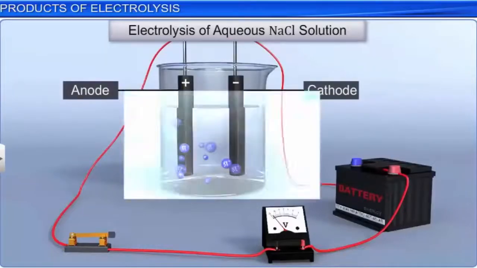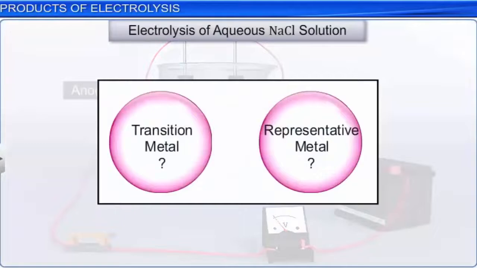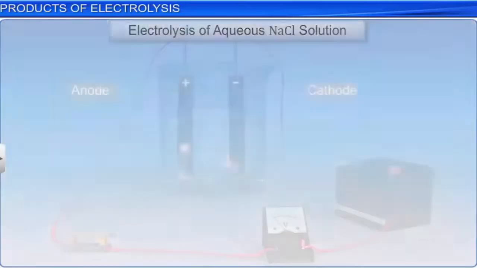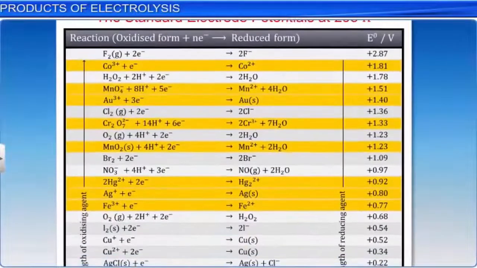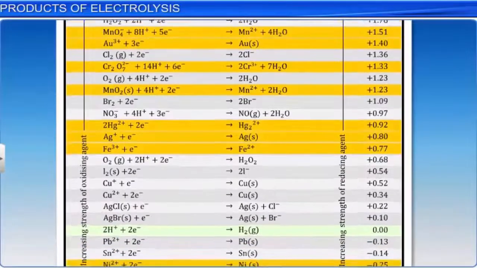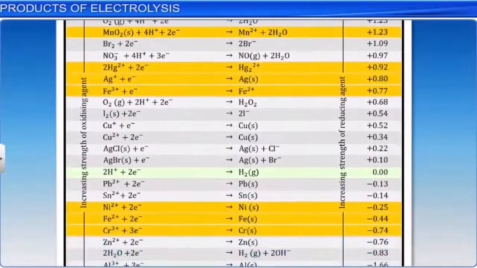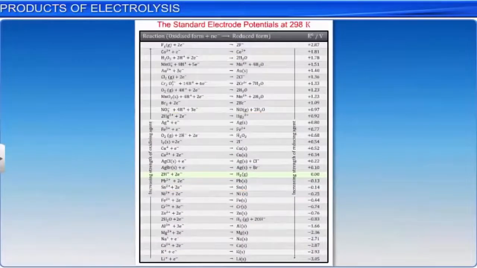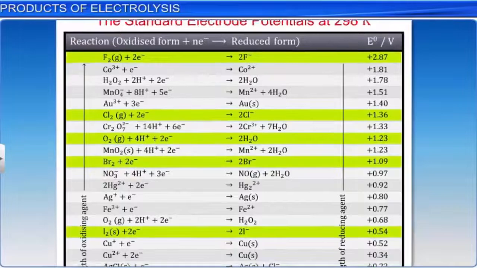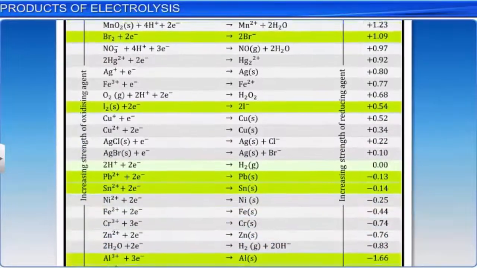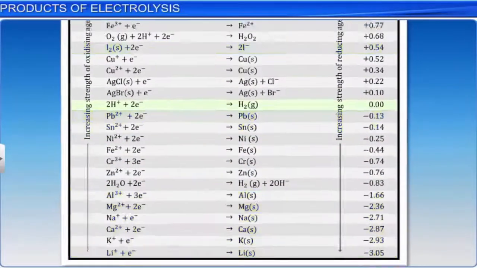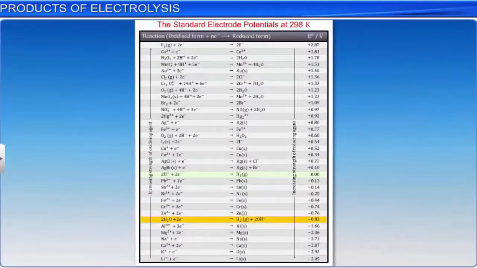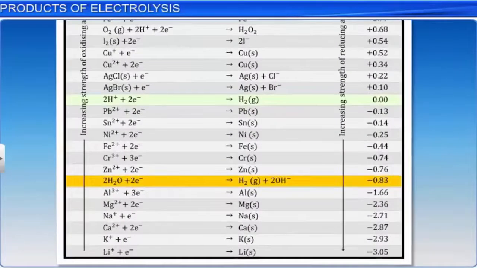First, ask yourself if the cation is a transition metal or a representative metal cation. Transition metal cations will undergo reduction, since they have favorable reduction potentials. Representative metal cations will be too difficult to reduce. Instead, water will be reduced at the cathode, forming hydrogen gas.